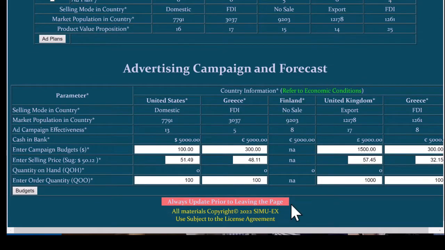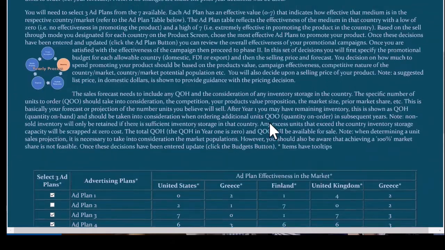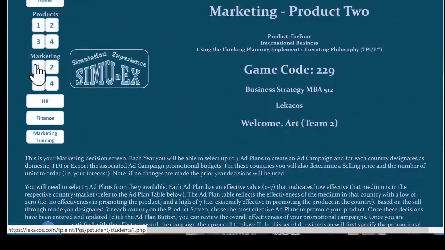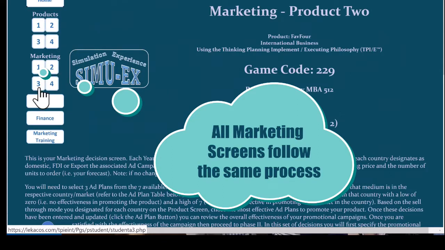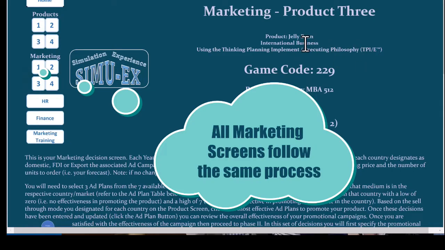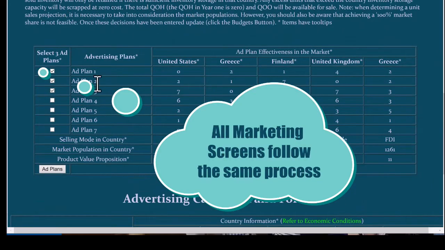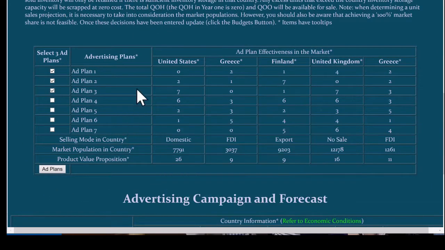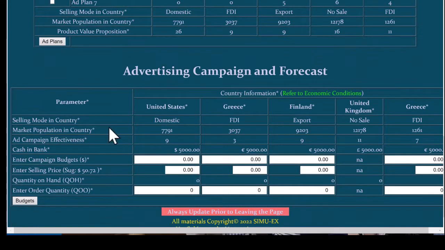Now, depending upon how your team is structured, you may have independent marketing managers, you may have a manager for product 1 and marketing of product 1, you may have a product manager with subordinates, you may have a marketing manager with subordinates. In the cases of screens 1, 2, and 3, they are identical. As you can see here, we're now in the process of creating the advertising campaign for product number 3.